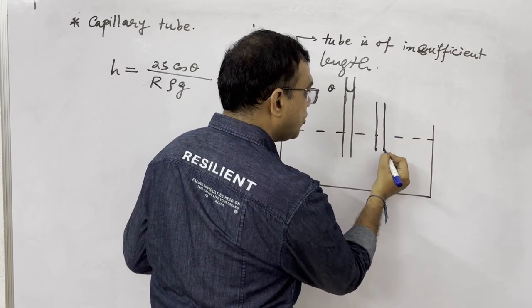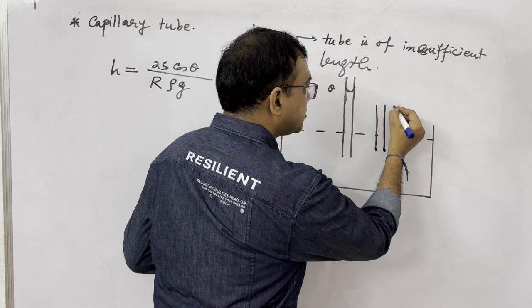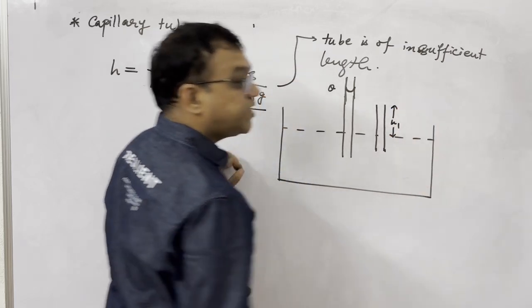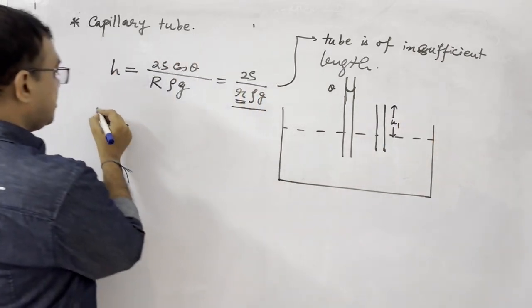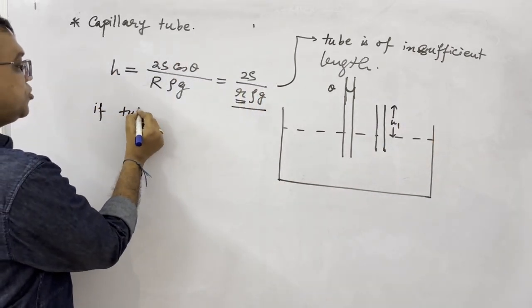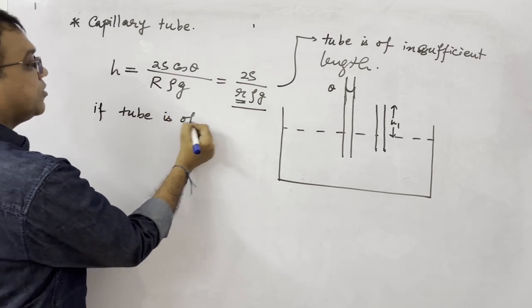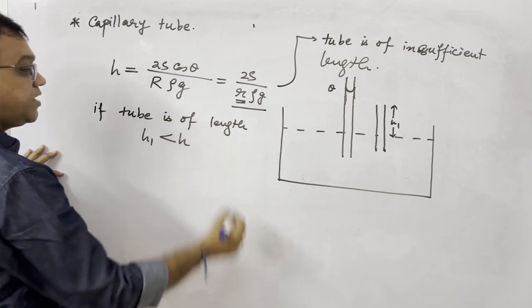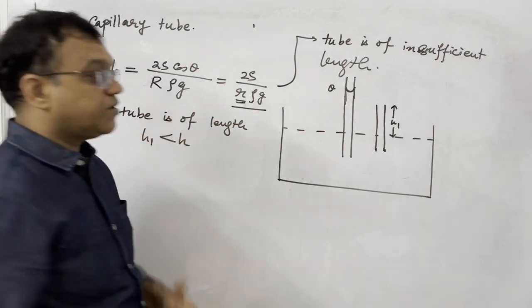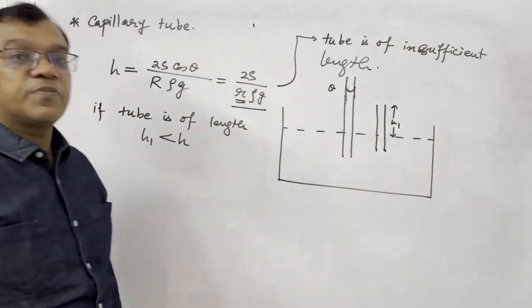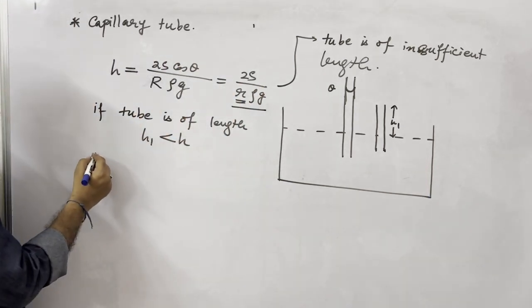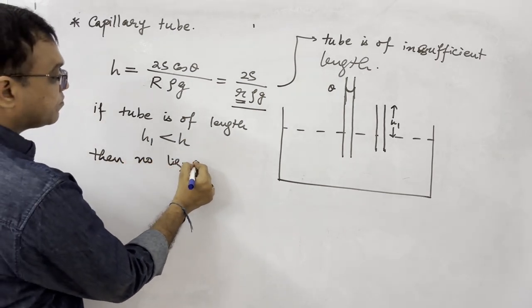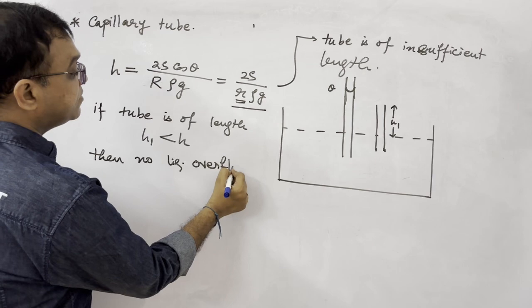Tube is only of height less than h. Say it is h1. And if the tube is of length h1 and h1 is less than h, then what will happen? Will that liquid overflow? No. Then no liquid overflows. Rather, what will happen?